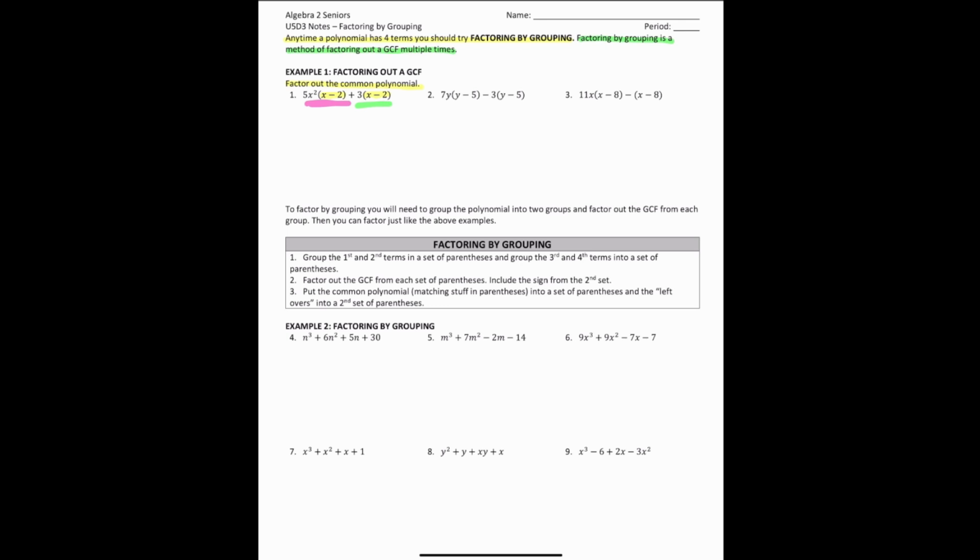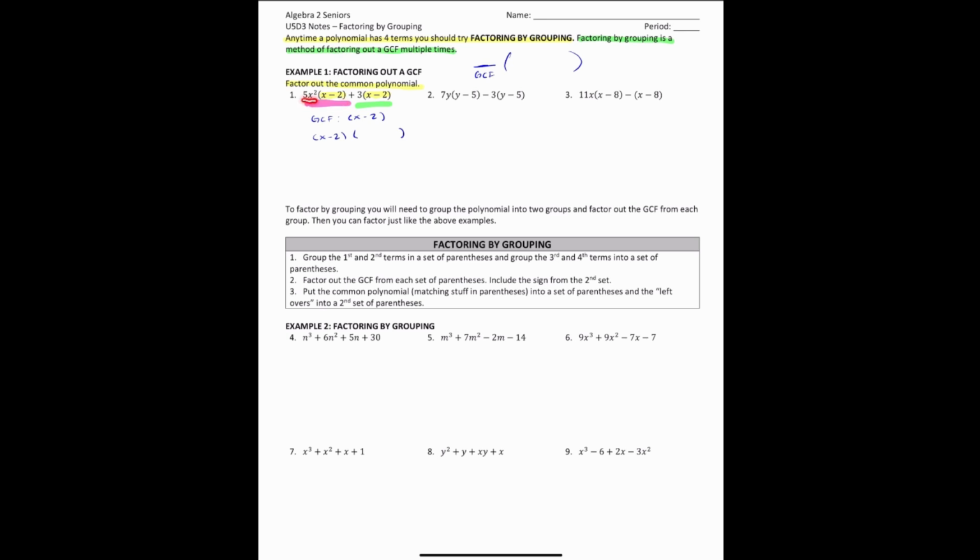Now if you remember, it's GCF first times the remainder. So since the GCF is x minus 2, the GCF is going to be first, and then what's left over. So x minus 2 times what gives you 5x squared times the quantity of x minus 2?